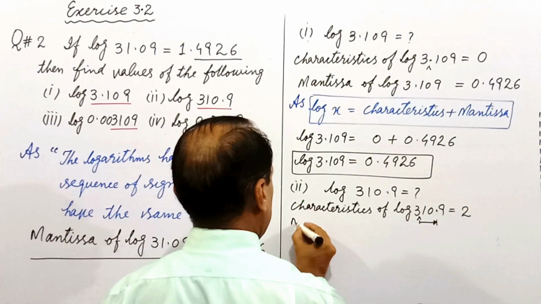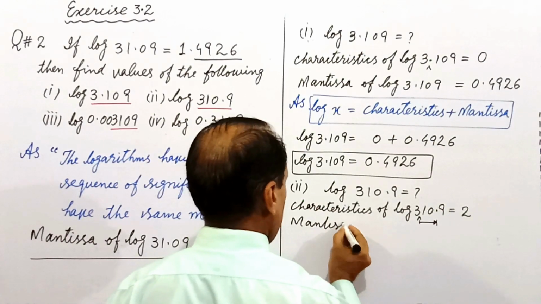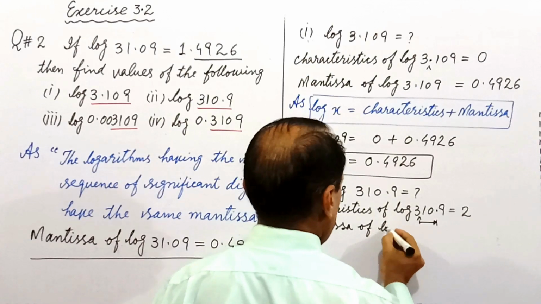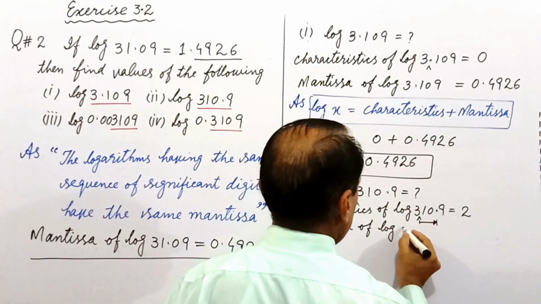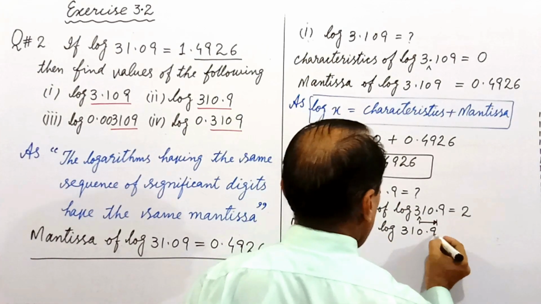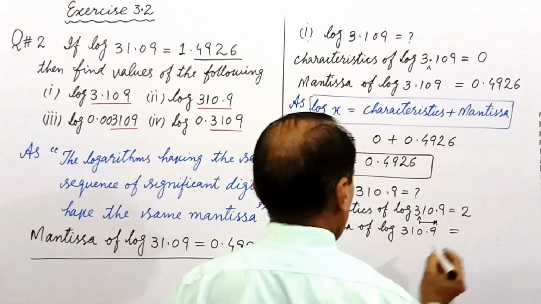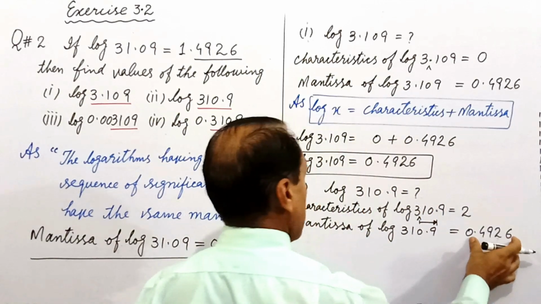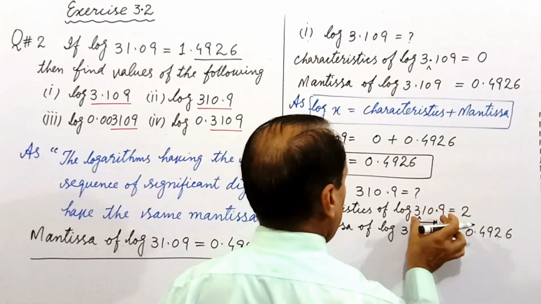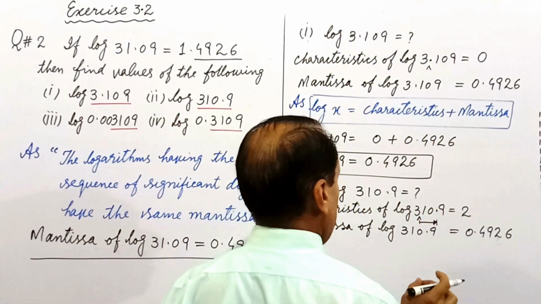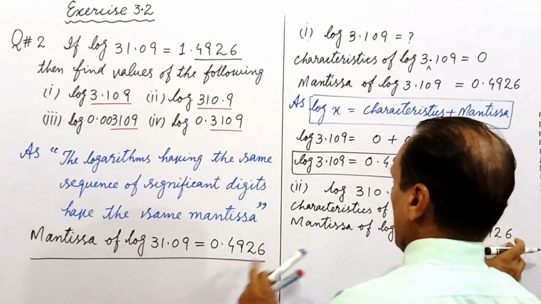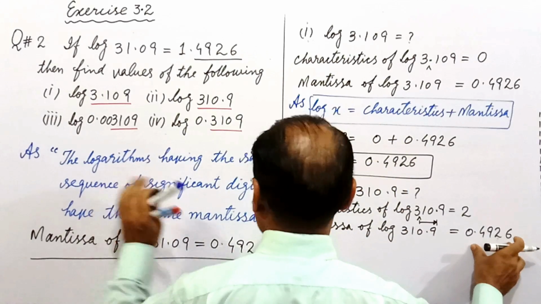And we use the mantissa of logarithm 310.9, which is 0.4926. The mantissa is the same as the sequence of significant digits 3109 is the same.